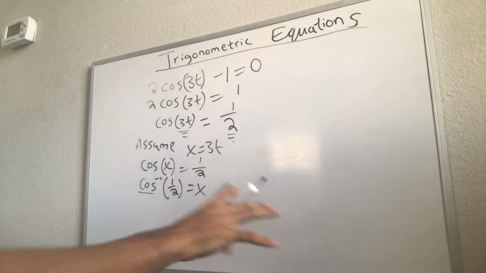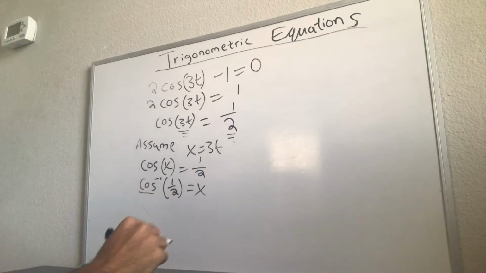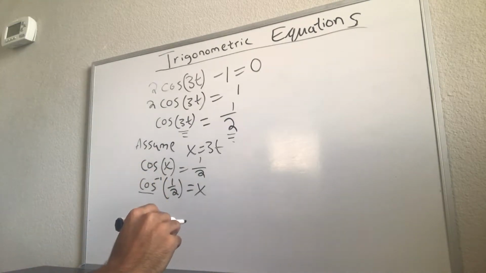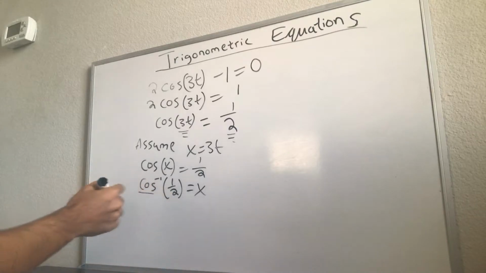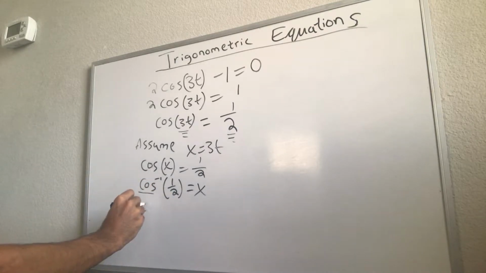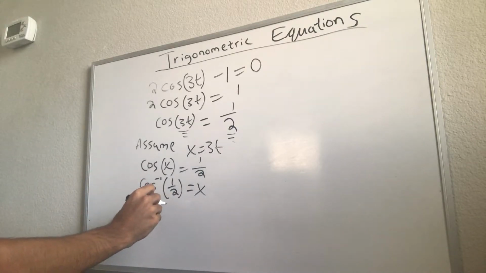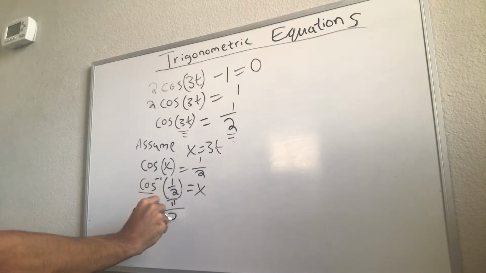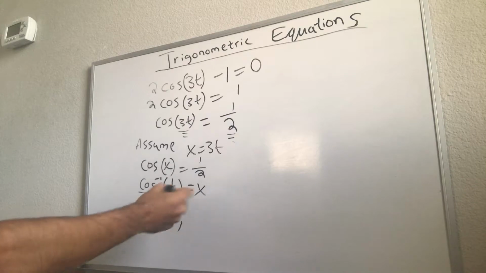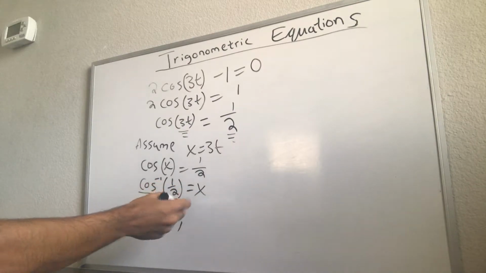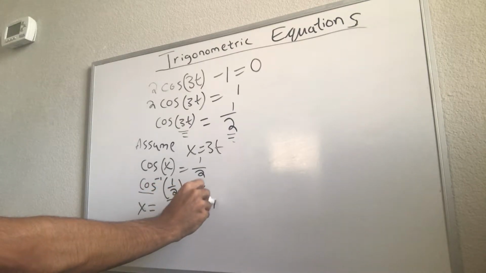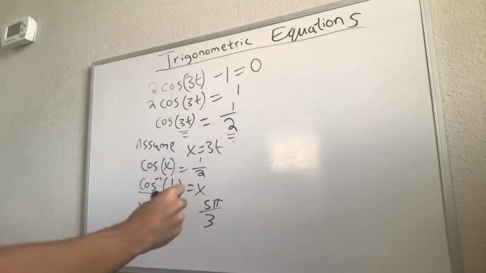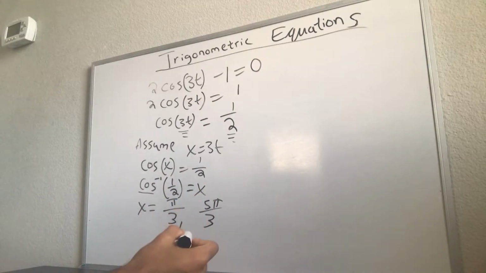So that's just a notation, but just don't confuse this with 1 over cosine of x. So looking at this now, we know that x could be pi over 3, or one solution is pi over 3 and the other one is 5 pi over 3. So these are the two solutions.